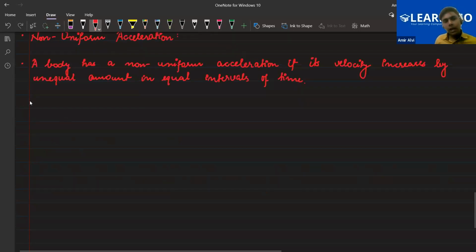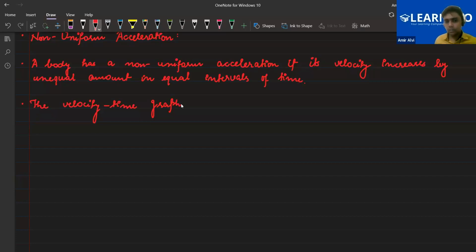The velocity-time graph for non-uniform acceleration is a curved line.